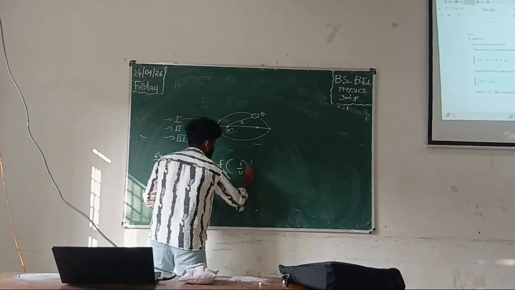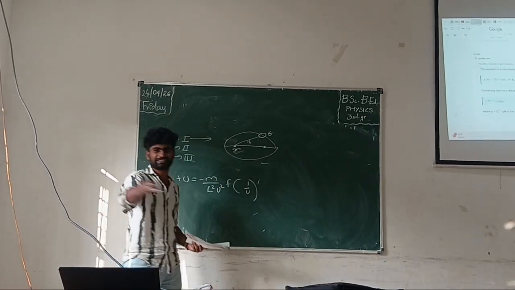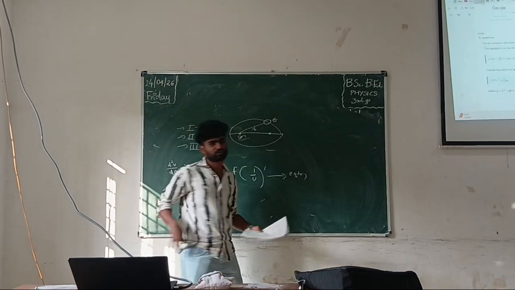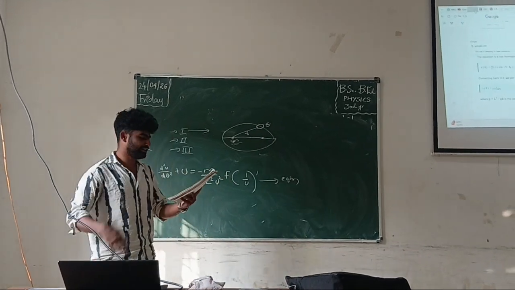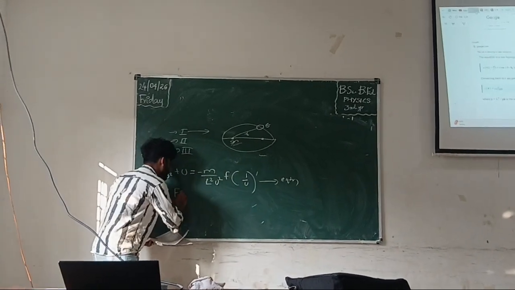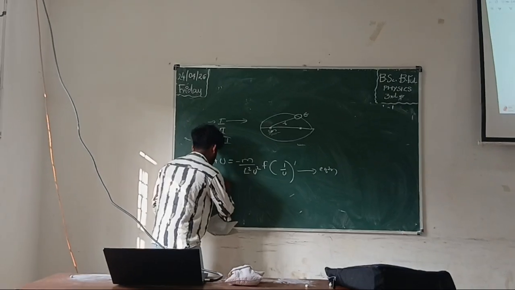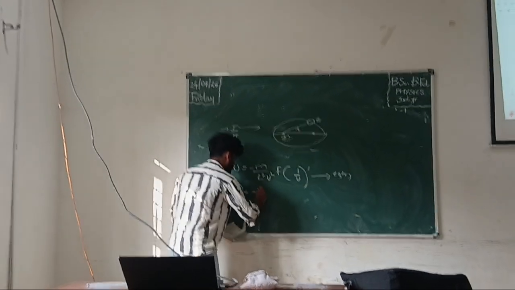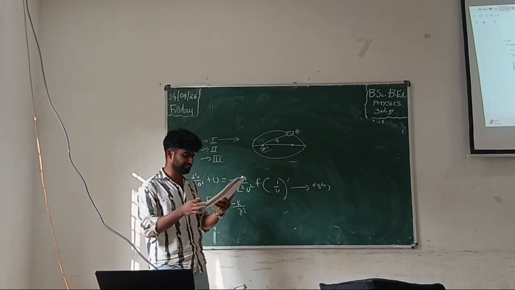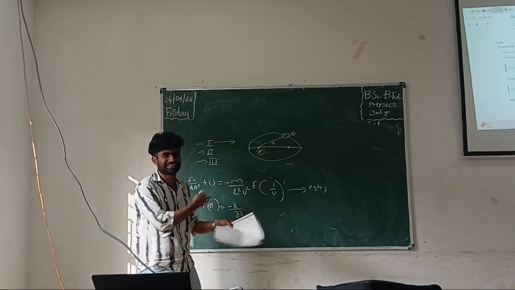This was the equation of orbit we derived just before. From this equation of orbit we are going to derive. And the force law is f of r equal to minus k by r square. So we are going to combine the orbit equation with this force law.